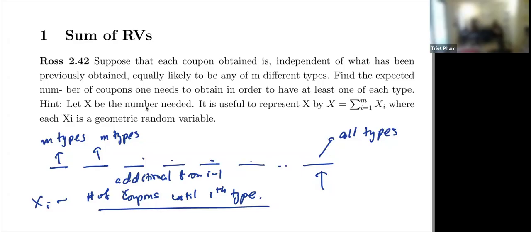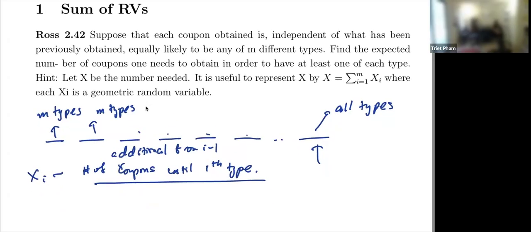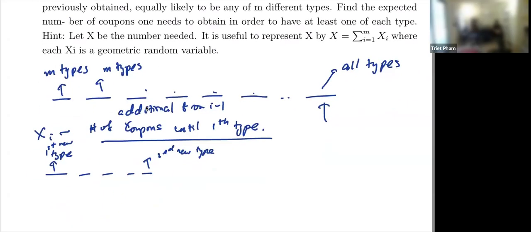So basically, you roll. The first spot, you will get 1 time. Whatever that is, you can call it the first new type. And then you will need to roll again until you see the second new type. Do you see what I'm trying to say?